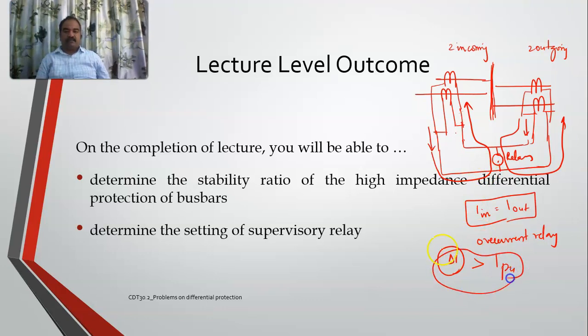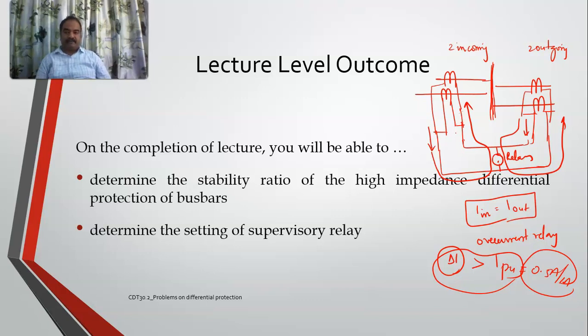This is done in order to overcome any stray resistances or any saturations which are available in your circuit. A minimum of normally 0.5 amperes or 1 ampere is generally provided as a pickup value for your overcurrent relay.